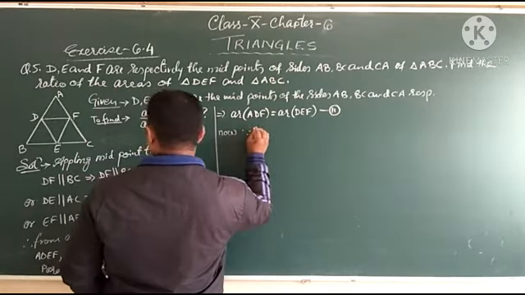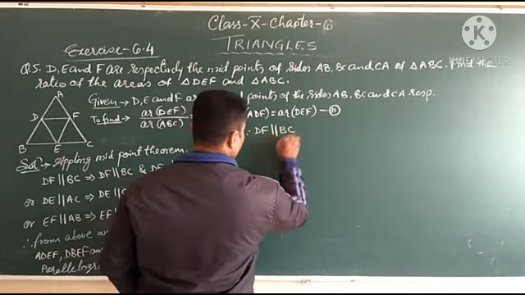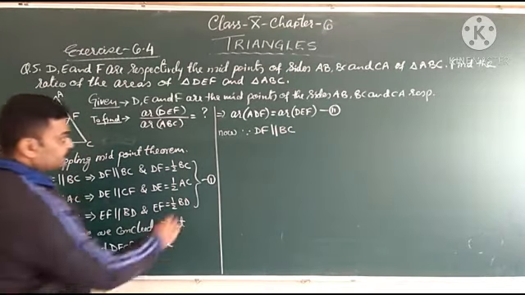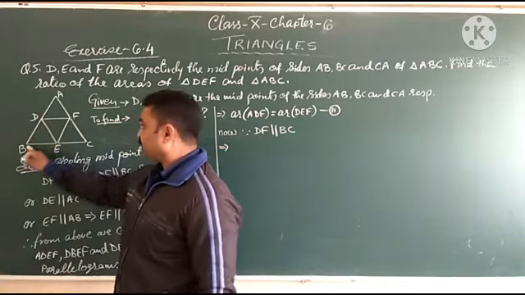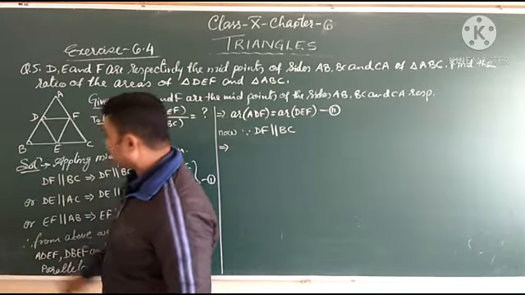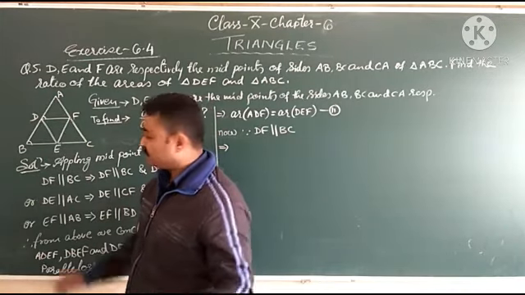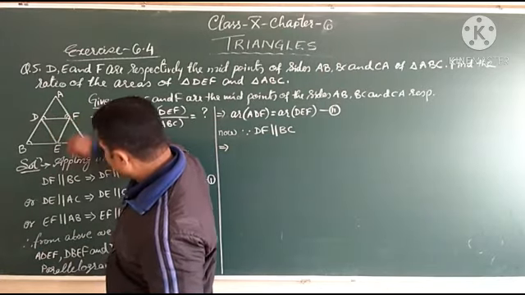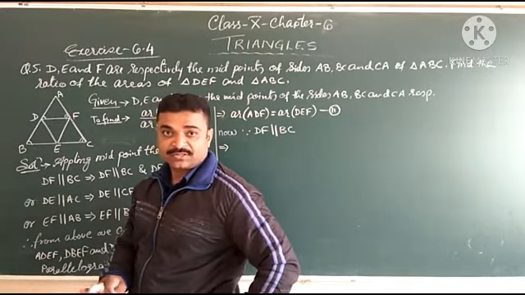Now, since DF is parallel to BC, this implies, see here, this angle and this angle will be equal. These are corresponding angles, yes, and these two angles are also equal, because these two are also corresponding angles.